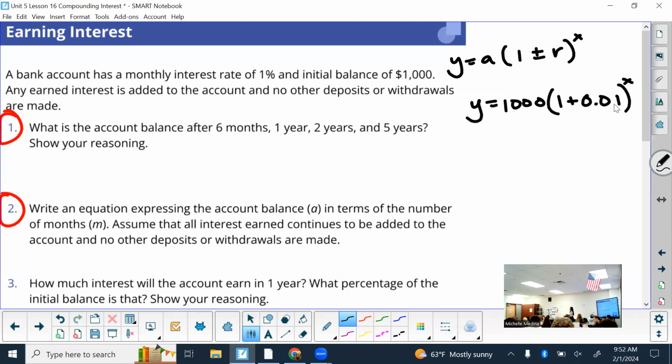So we're gonna add the rate as a decimal. 1% as a decimal is 0.01, not 0.1, that would be 10%. So that is our basic setup for answering this series of questions. When it's 6 months, what's my exponent gonna be? Table 6, can you tell me that?